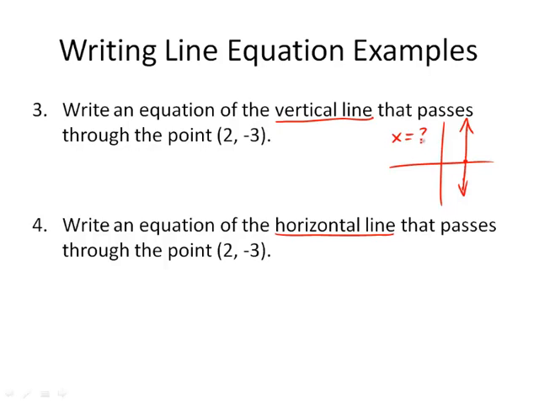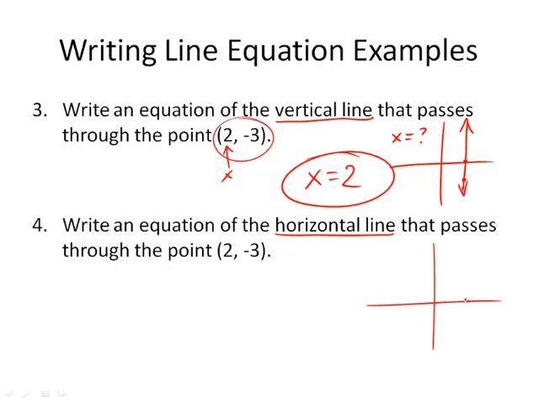We don't really care about the y value as long as the x value stays the same. The y value can be anything. So in this case, if we want 2, negative 3 to be there, we need to be using the x value of 2, meaning x has to be 2. Done. That's it.